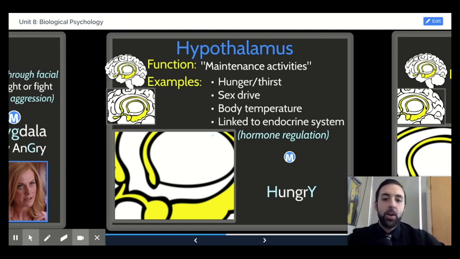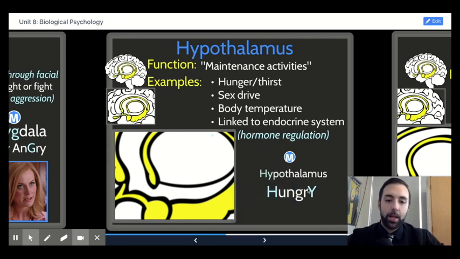The glands function through hormones. So when we talk about hormones like testosterone or estrogen or melatonin or adrenaline or growth hormone, those are all released into the bloodstream as part of the endocrine system's functionality. While the hypothalamus is in many ways the linkage between your body's hormone regulation and your body's overall brain functionality. So there is a strong connection between those two.